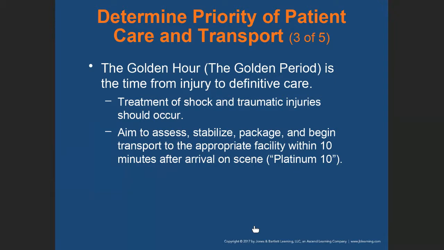Within the first 4 to 6 minutes or less, I will say 3 minutes and 20 seconds, you should be able to address life threats. Within the first 2 to 3 minutes, airway issues should be addressed. So time is critical to a patient that is critical, right? So time is very important.